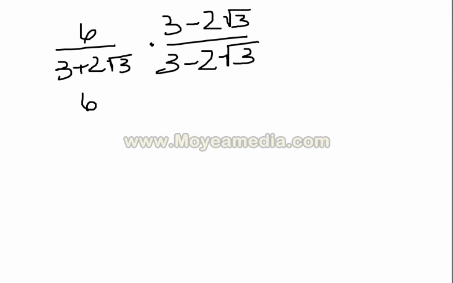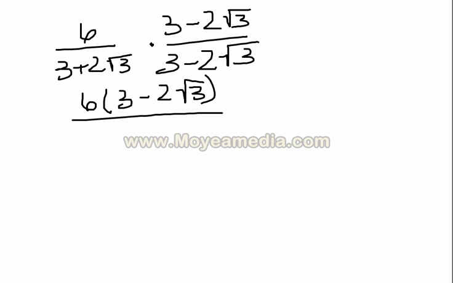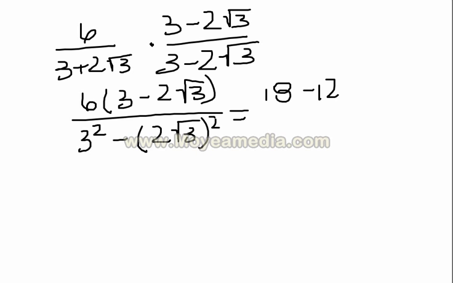So that gives me 6 times (3 − 2√3) over 3 squared minus (2√3) squared, which equals (18 − 12√3) over 9 minus 12.